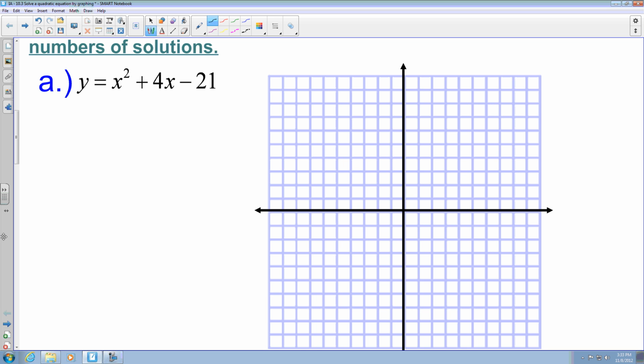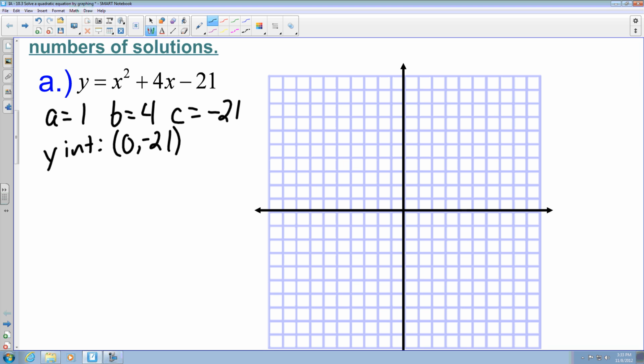So first off, I'm going to find out what our A, B, and C equal, just like from the day prior. So our A equals 1, our B equals 4, and our C equals negative 21. Our y-intercept is 0, comma, negative 21, because what we talked about in 10.2 states that the y-intercept coincides with 0, comma, C, and our C is negative 21.